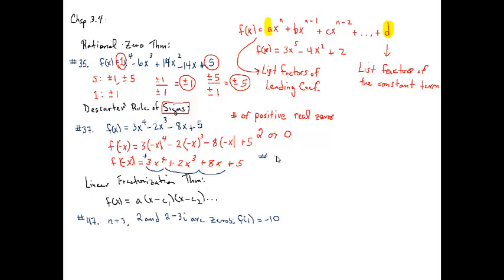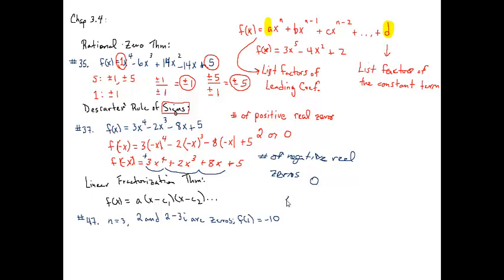So the number of negative real roots, you're going to follow the same rules as it was with the positive, so it's always going to be the same number of sign changes, or it's going to be less than the number of sign changes by an even integer. Well, here I had 0 sign changes, right? Therefore, I have 0 negative real roots.